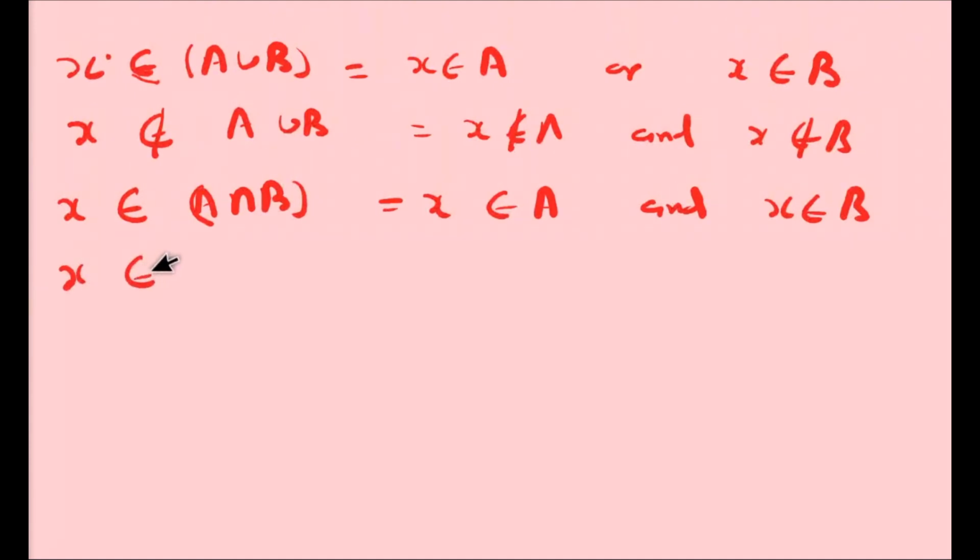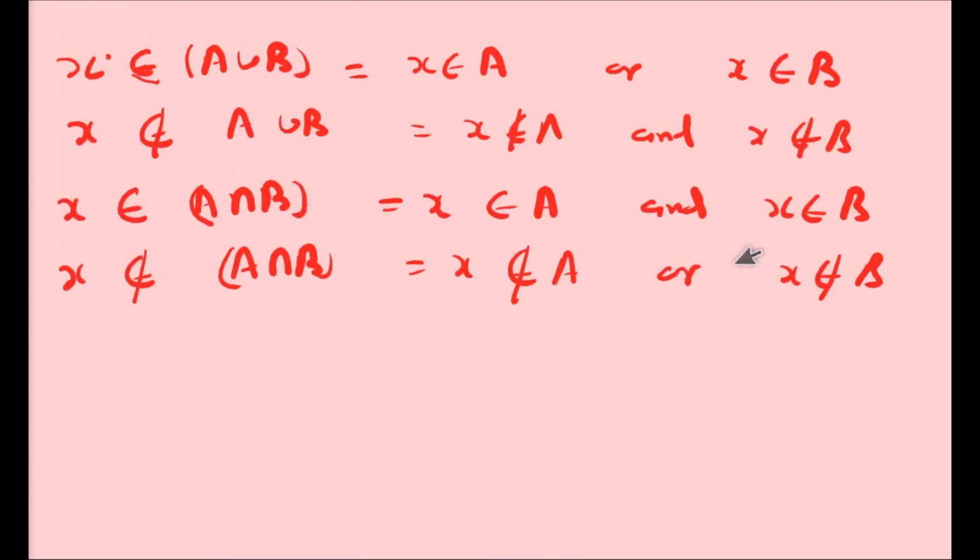If it does not belong to A intersection B, it means it does not belong to A, or it does not belong to B, or we can use 'or'. If the member is not in A, then it will not come in the intersection. If the member is not in B, then also it will not come in the intersection.